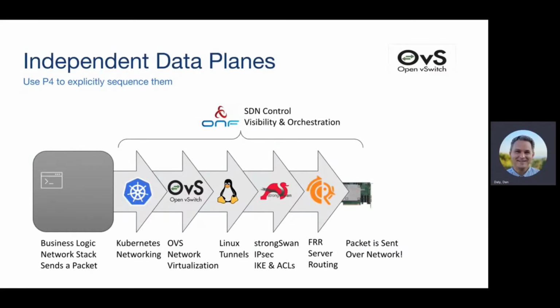I have some business logic or some tenant that is running their own networking stack, and they send a packet. And I want that packet to be Kubernetes networked. I want to do all my routing and load balancing and ACLs within Kubernetes. And then maybe I've layered below Kubernetes, I'm using OVS to give me some of those networking functions, but maybe also others, to provide an infrastructure as a service abstraction.